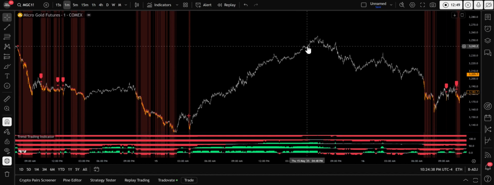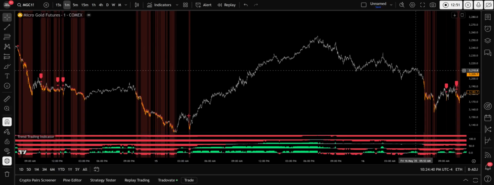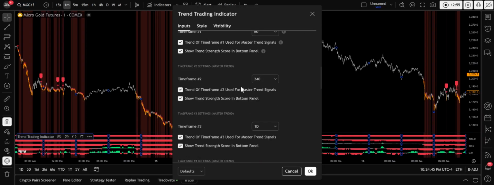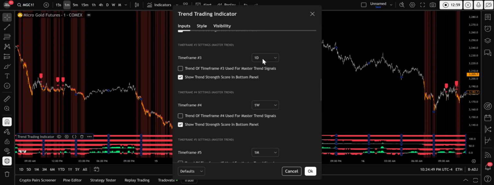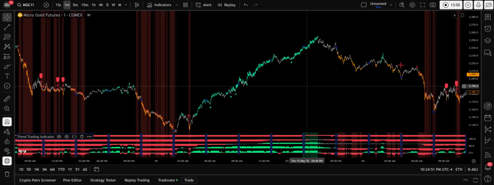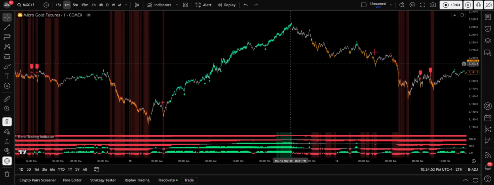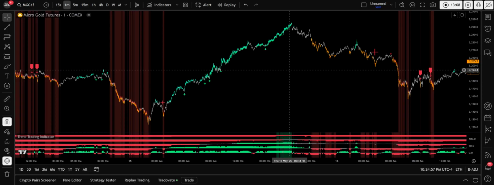So that's why we did not get any trend over here, because we have those weekly and monthly. Whereas if I were to turn those off, you would get more signals across there. So again, if you want to wait and only get the strongest trends, if you're more of a higher time frame or 15-minute, 1 hour, 4 hour daily trader, then use those higher time frames.